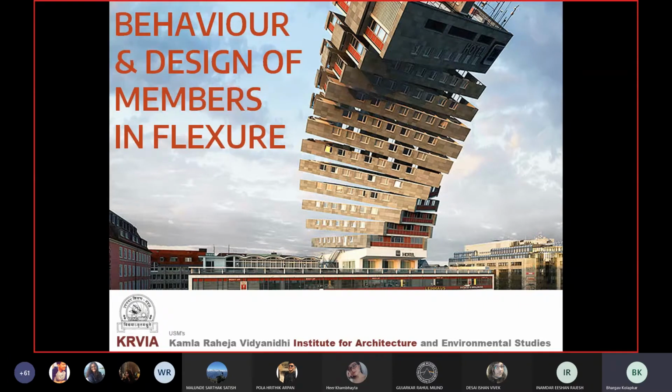Bending comes everywhere. Okay. So the next question is, which members experience a significant amount of bending or significant amount of flexure? Beams.